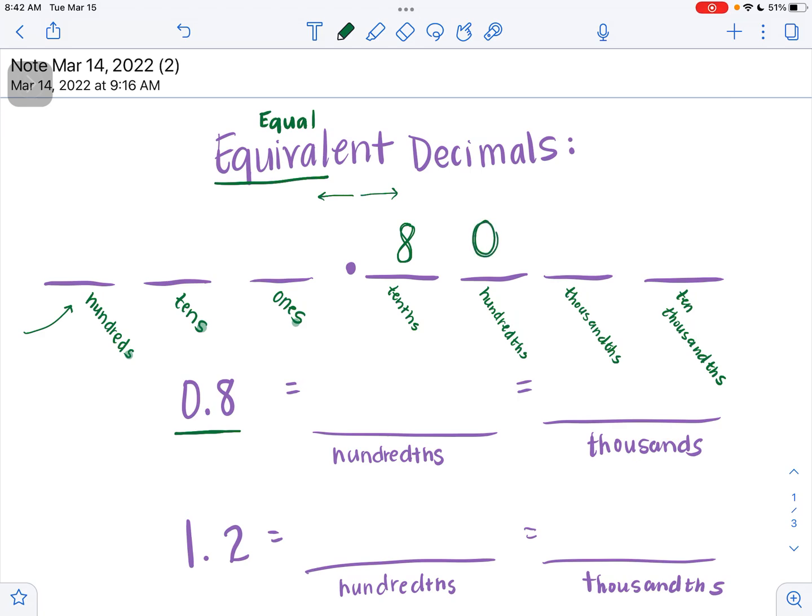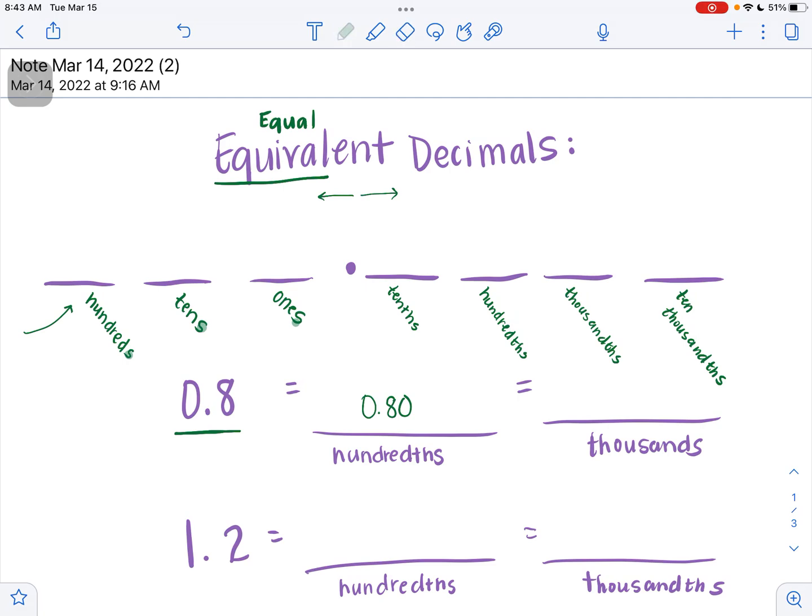So 0 in the hundredths spot. That would be 80 hundredths. What I'm essentially saying there is 8 dimes or tenths are the same as 80 pennies or hundredths. Okay? If I put a 1 here, that would not be equivalent. 81 hundredths is more than 8 tenths.